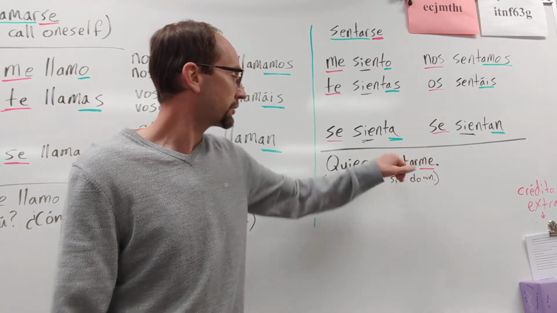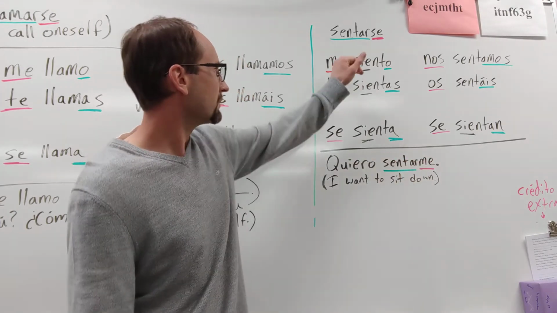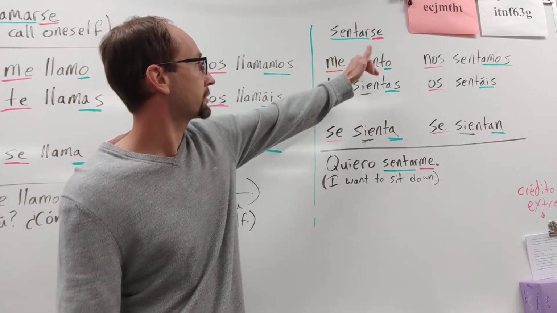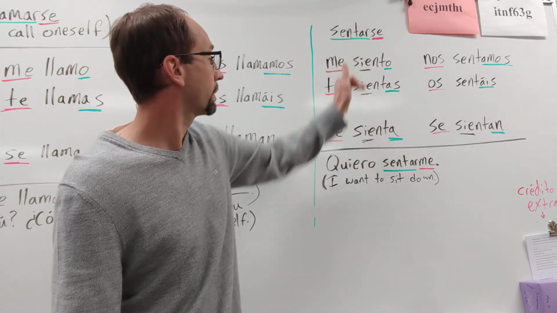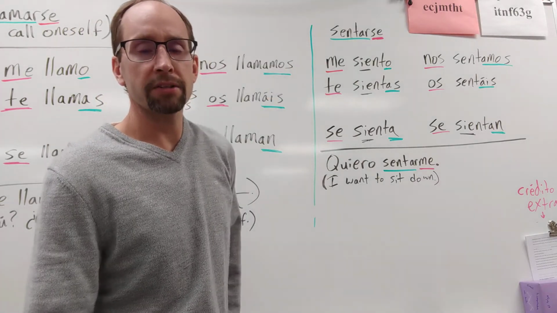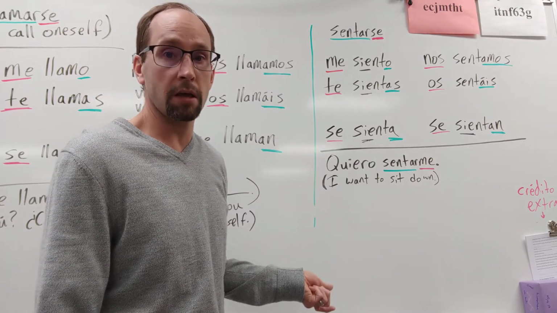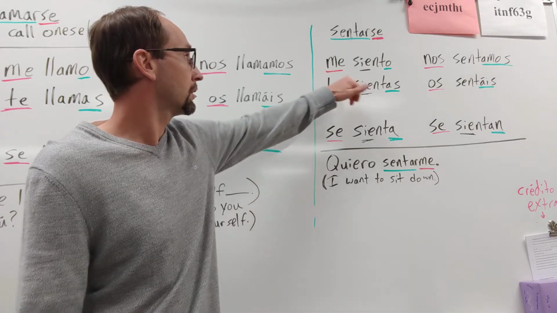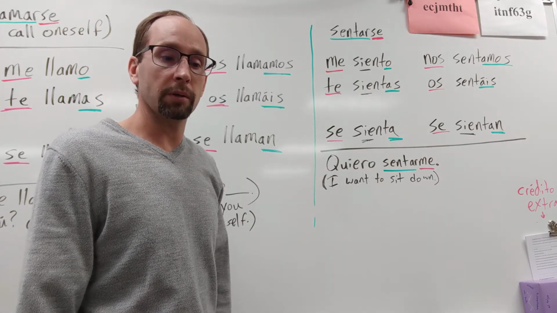If it's either at the end or if I've got the pronoun, like these ones, if I say I don't sit down, it's no me siento. Nothing can go in between these pronouns. And then another thing interesting about me siento, if it's coming from the verb sentirse, that could also mean to feel. So me siento could mean I feel or I sit down. So that one could be a little bit tricky.